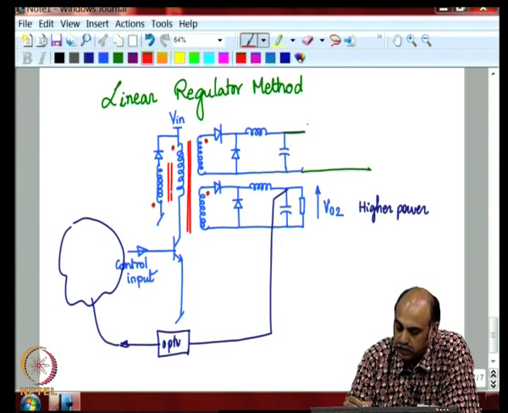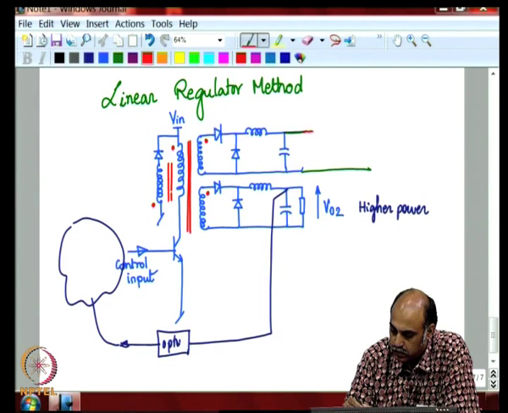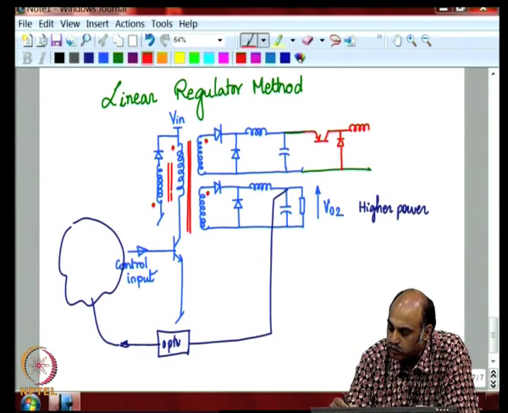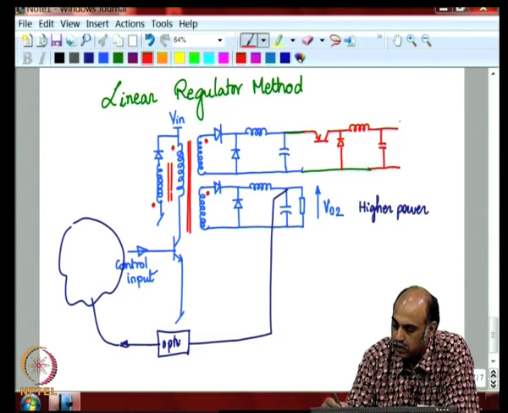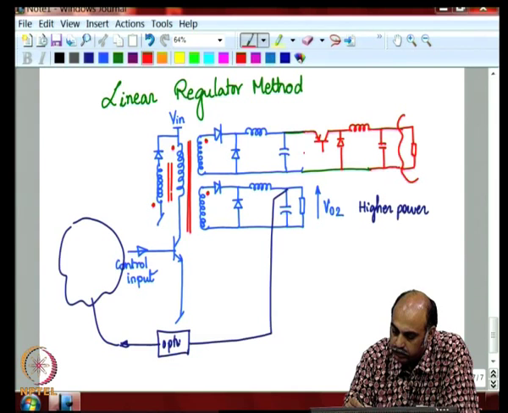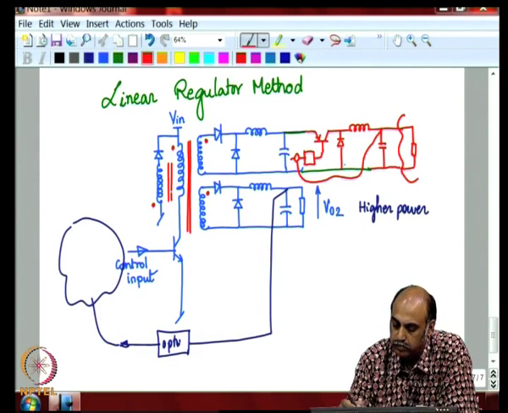The regular buck converter, let us say, you could have a buck converter like this, another small inductor, capacitance, and the load, and you have a small PWM and a local control, and the voltage is fed back from here.